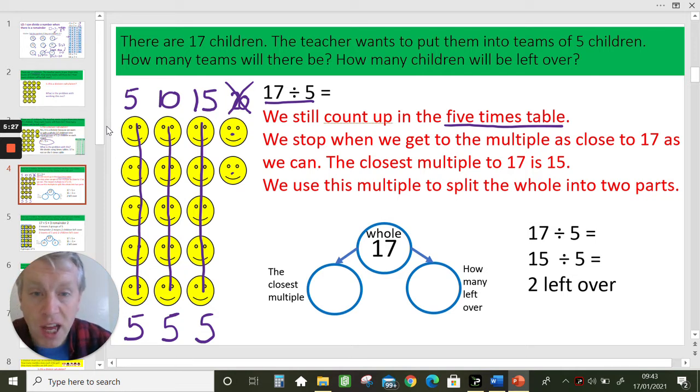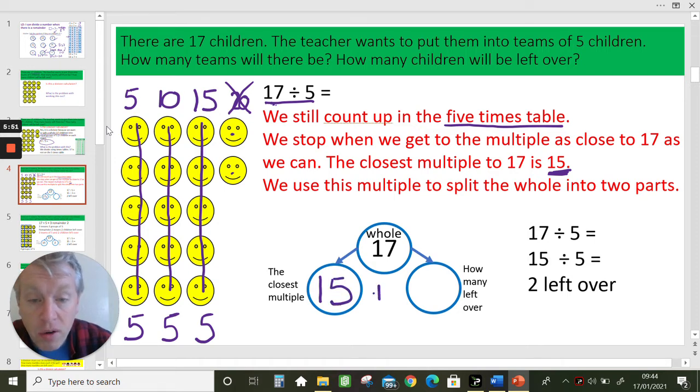So I'm counting up in my 5 times table. I'm stopping when I get to the multiple of 5 that is as close to 17 as I can get to, but not more than 17. And the closest multiple of 5 is 15. And then really I'm splitting my 17 into the closest multiple that I can get to, 15.